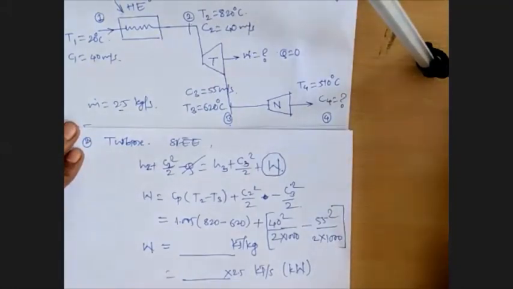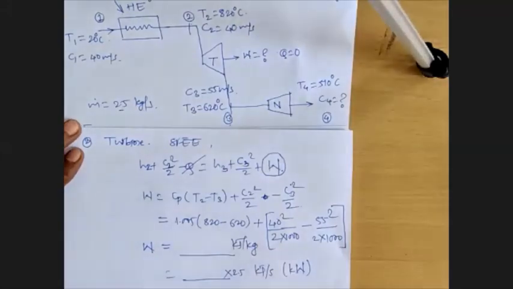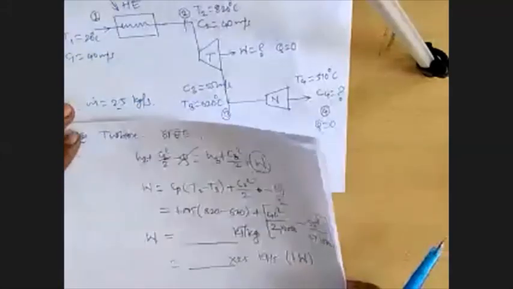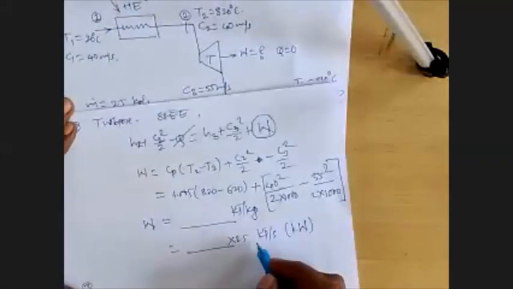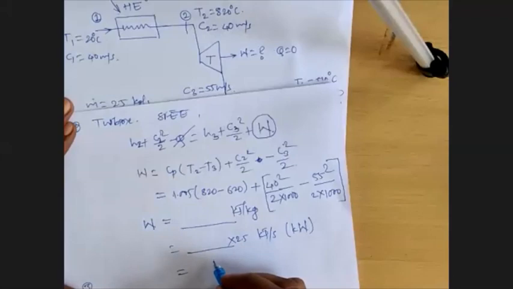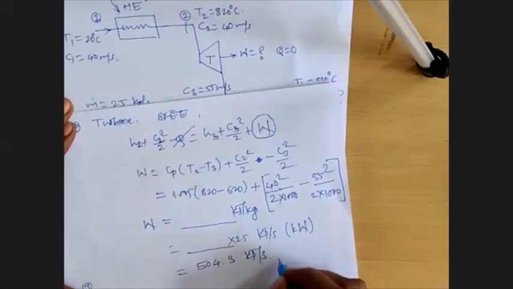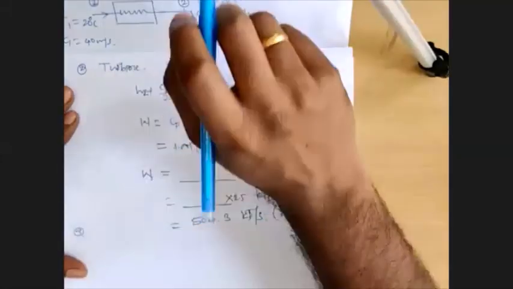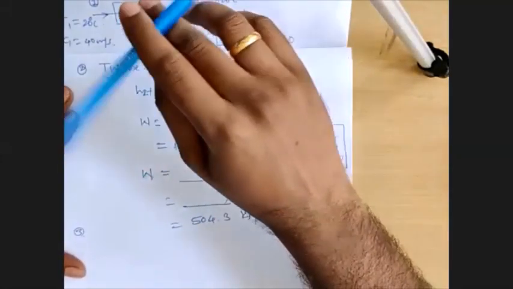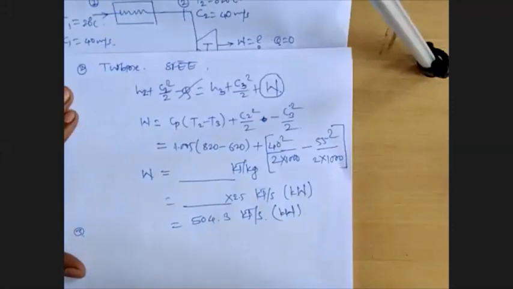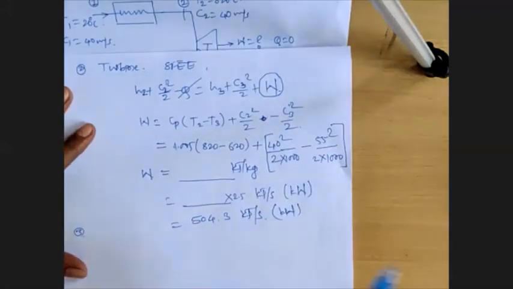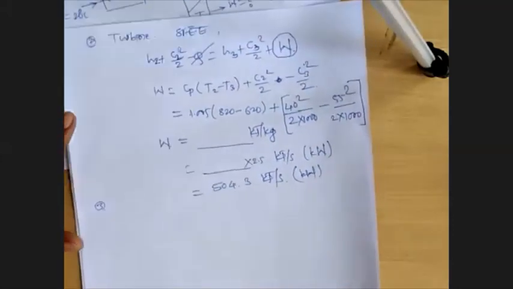Remaining students, verify the answer. I will tell you what I have got. In terms of kilojoules per second or kilowatt, I have got 504.3 kilojoules per second or kilowatt. So remaining students, verify. So 500.71. 500.71.